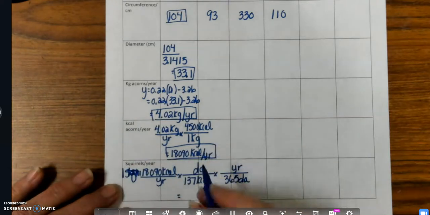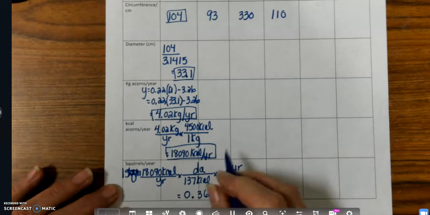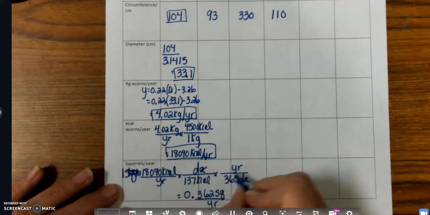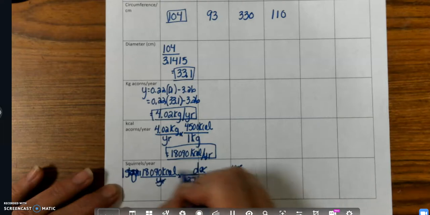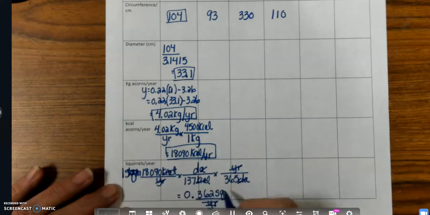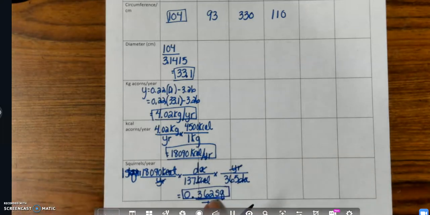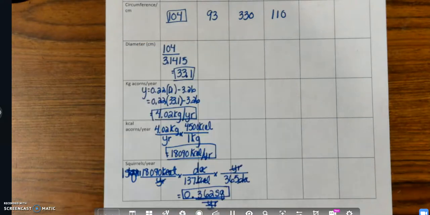So when I plug all that into my calculator, I get 0.362 squirrels. Year cancels, kcals cancel, and I'm left with squirrels. So 0.362 squirrels will be supported by that tree.